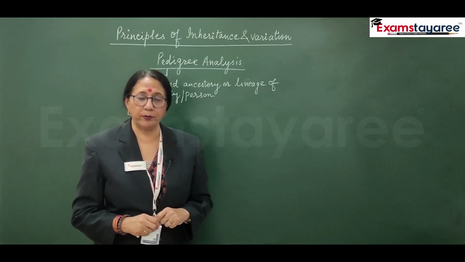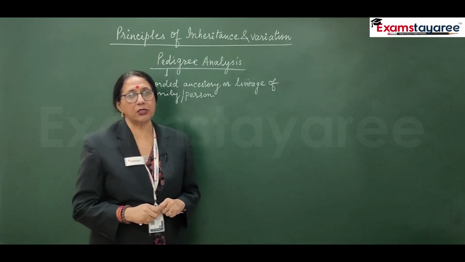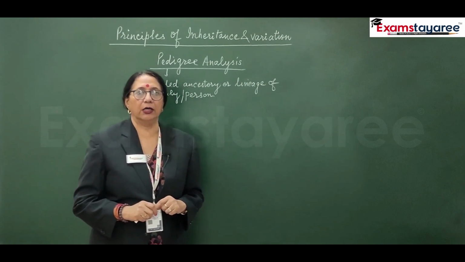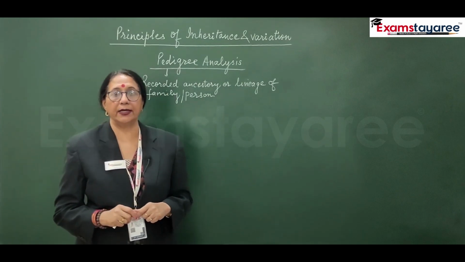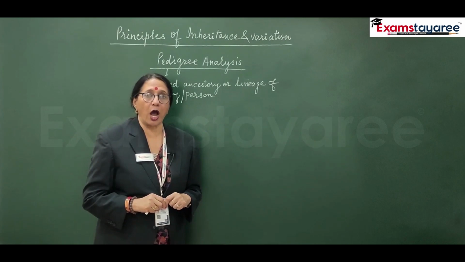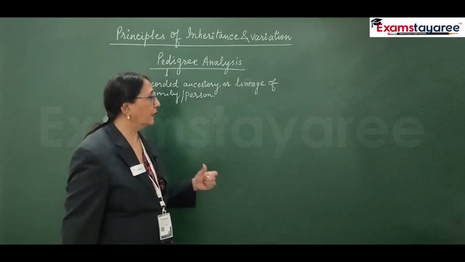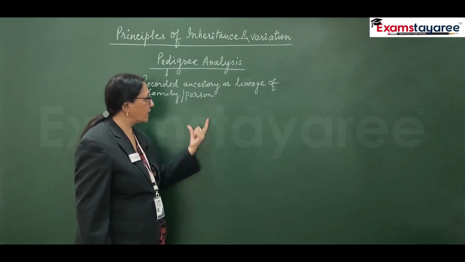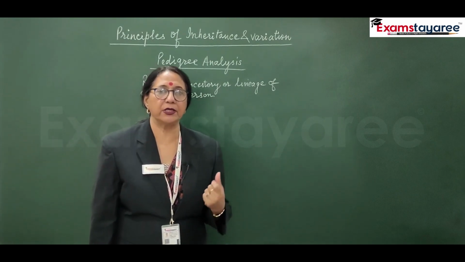But in human beings, of course, this cannot be possible because we cannot allow a cross between a father and a daughter or a mother and a son. So, how to analyze the ancestry or lineage of any trait which happens in a family?